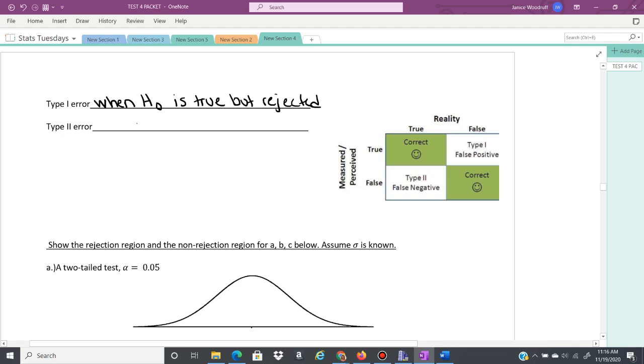And a type 2 error is when the null hypothesis is false, but not rejected.